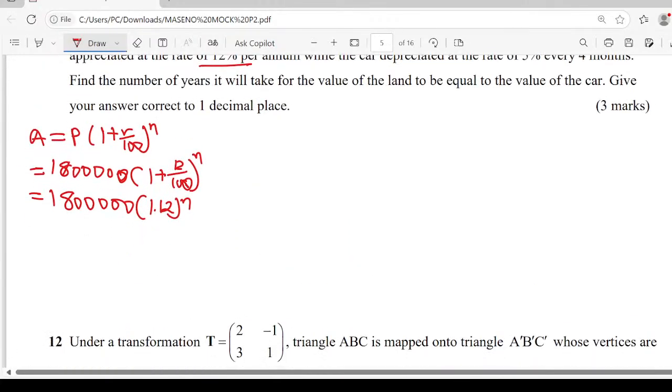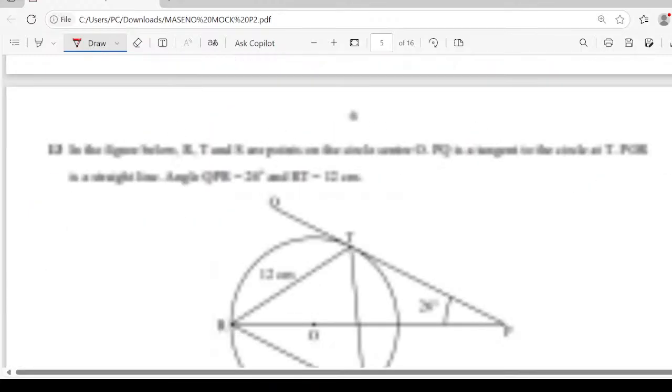Now, we also have the car. So for the car, it is depreciating. And if something is depreciating, you need to be very keen and very particular in this discussion.